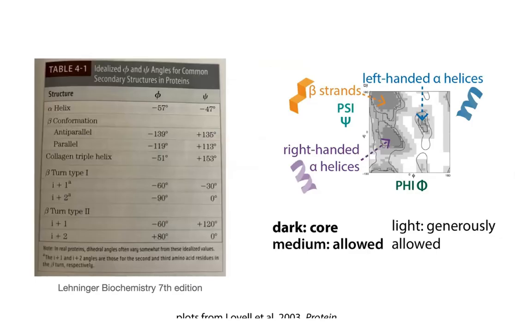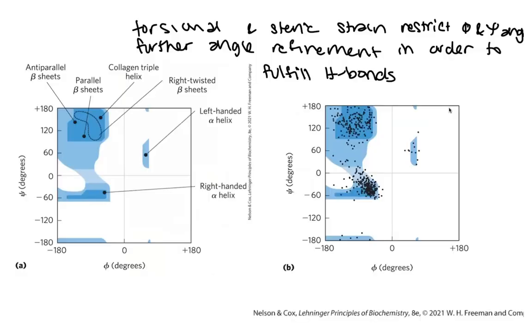And so there are specific angles that are preferred that you'll commonly find in various secondary structures, things like sheets, alpha helices, turns, all these various places. You'll find them clustered on different parts of the Ramachandran plot, because the plot is showing the angles that are found.